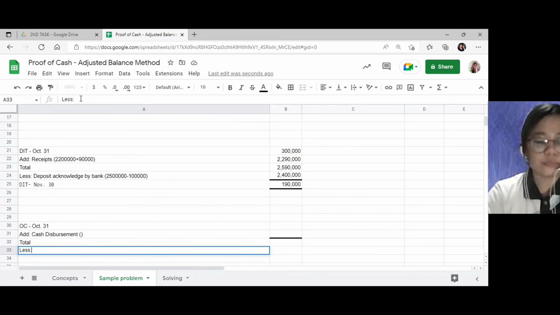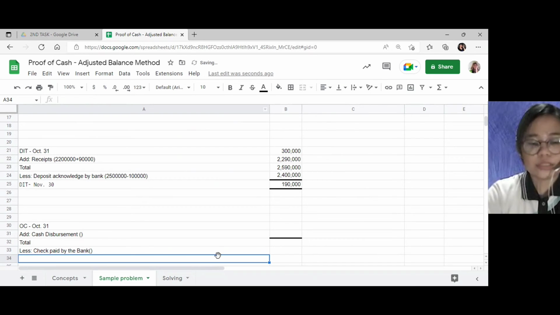So, in a problem, yung cash disbursement natin, makikita natin sa ating disbursement per book. So, that's 1.8 million. Kaso lang, take note, meron tayong book error. So, yung ating disbursement ay kulang ng 270,000.